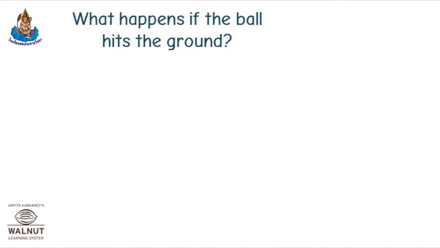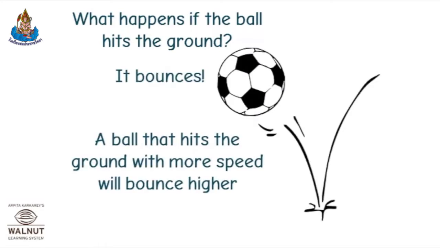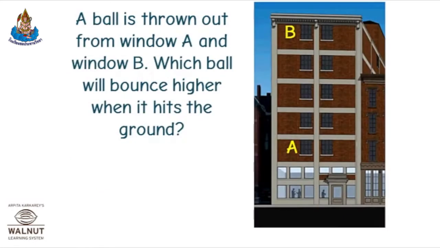What happens if the ball hits the ground? It bounces. A ball that hits the ground with more speed will bounce higher. A ball is thrown out from window A and window B. Which ball will bounce higher when it hits the ground?